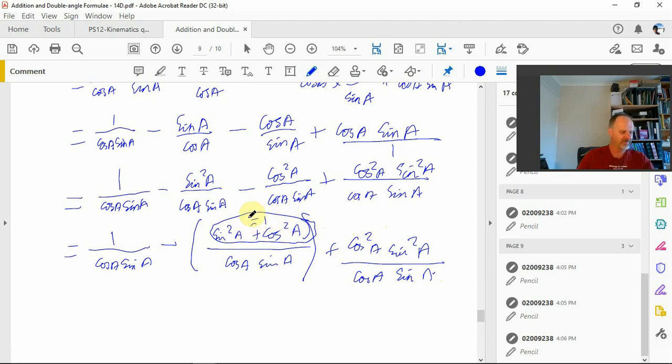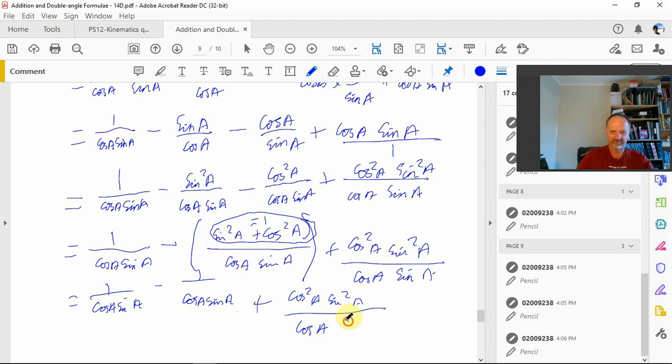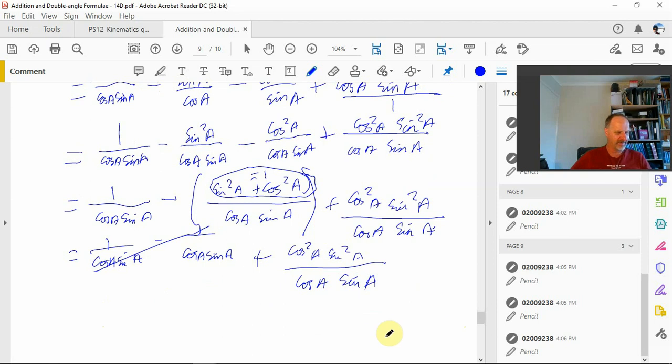So effectively here we've got 1 over cos A sine A. Now we've got 1 over that minus 1 over that, so there you go. Just leaving us with this bit on the end.